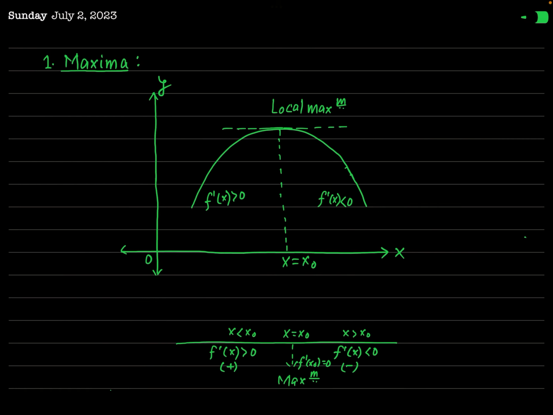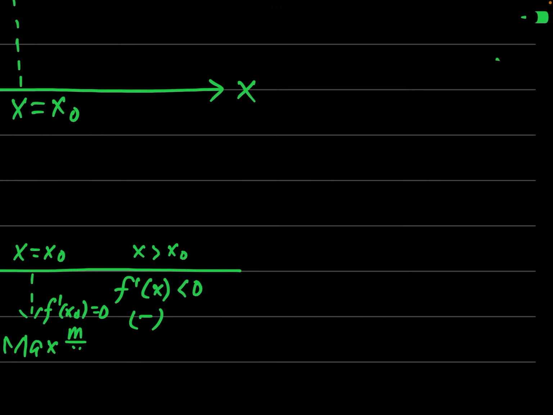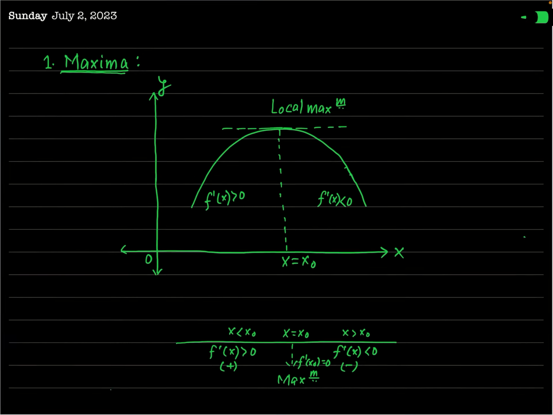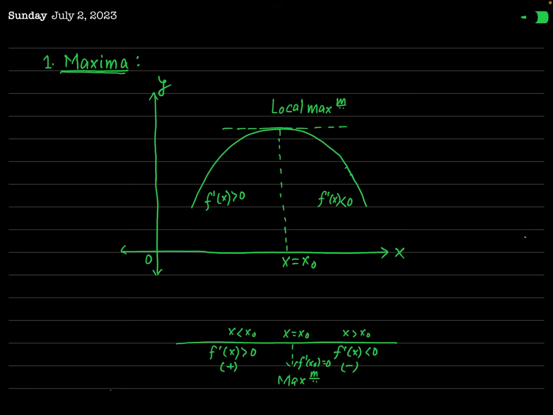Let us see this figure. I am talking here about the maximum value of the function. As you can see, I have plotted a graph here of the function y equal to f of x. This is just an arbitrary curve. Okay, and it is clear from this graph that corresponding to this point P, the function has a local maximum value.